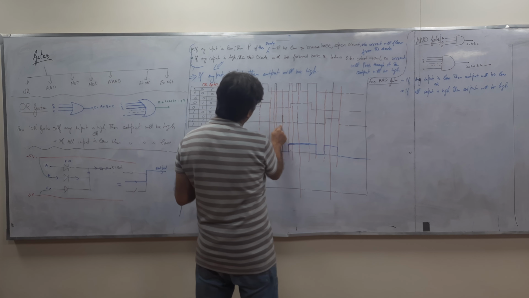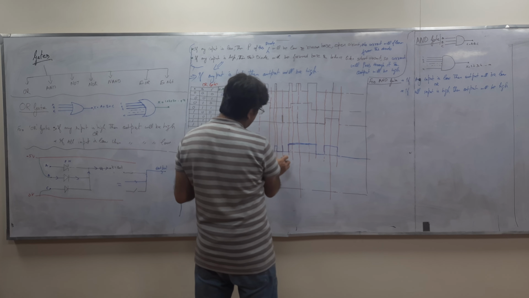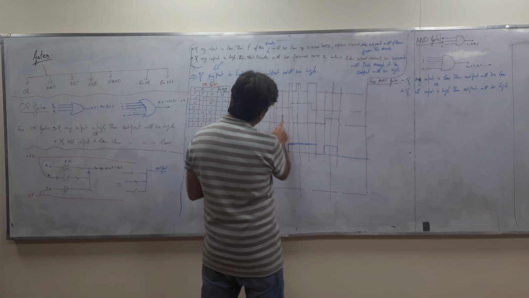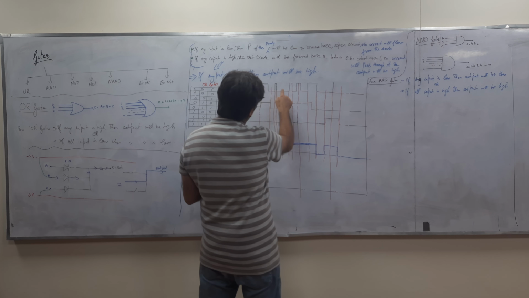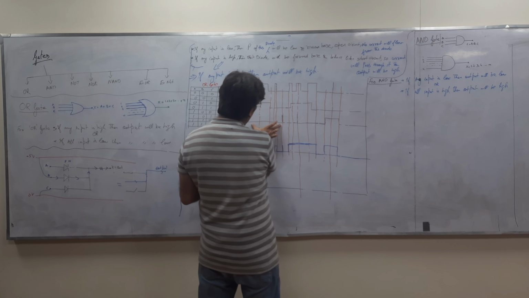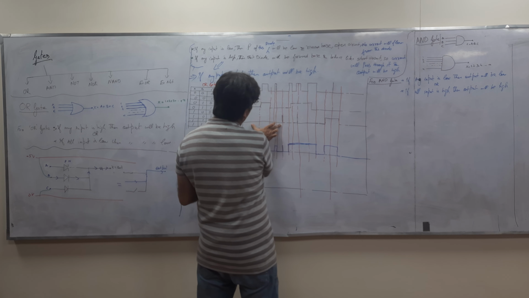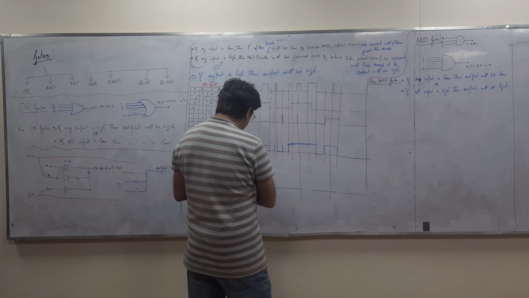Here from up till here C is low. So, up till here C is low, but then C is high, but now A and B are low. Up till this point C is low, so the output will be low.